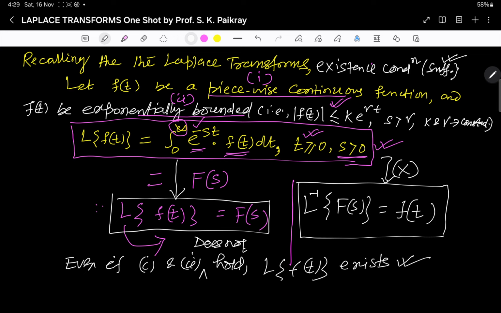So that's why this condition is called a sufficient condition only. Once 1 and 2 hold, this integral will converge and the Laplace transform exists. There are certain cases where 1 and 2 do not hold, and still the Laplace transform exists. So these are the existence conditions.